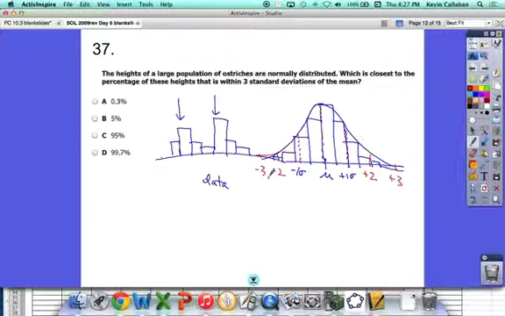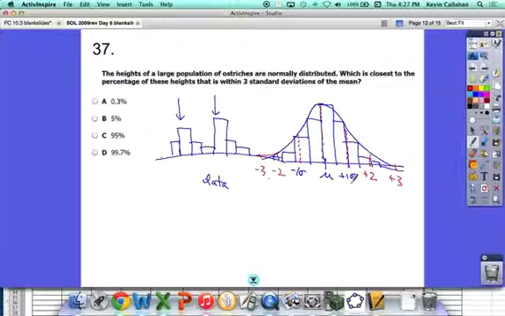And in this case, if you notice, we're dealing with the heights of a large population of ostriches, meaning how tall are these ostriches. If I graphed all of their heights, putting an X for every ostrich that was in this value range, then I would actually know what a mean is and a standard deviation. They didn't actually give us any values here.